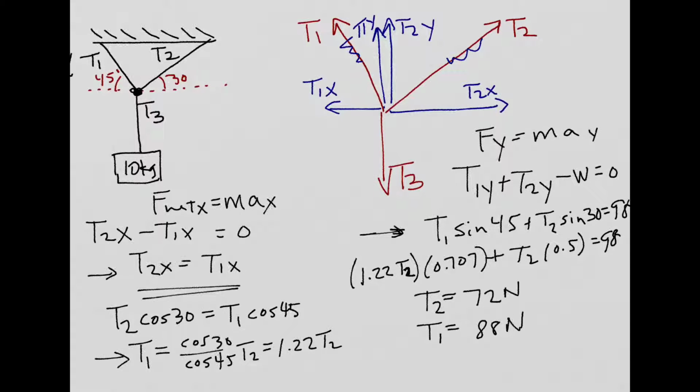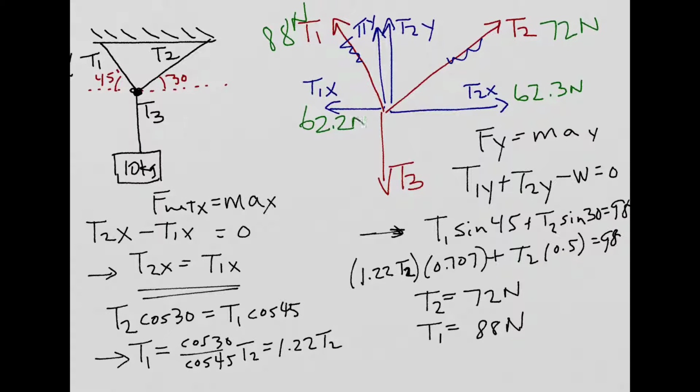Over here in green we'll put the values. This is 72 newtons, 88 newtons. So what are the values of the components? Well, T2x is 62.3 newtons. T1x is 62.2.